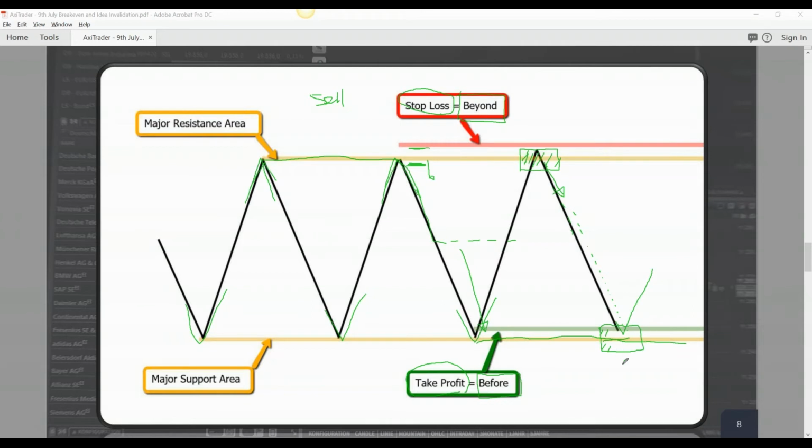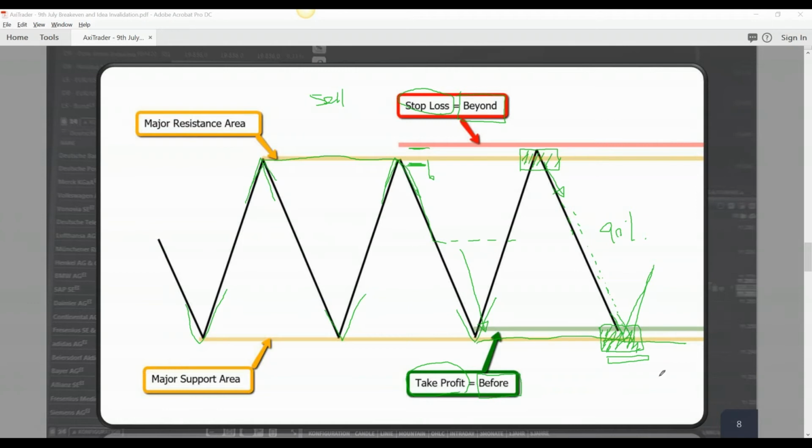So if you place your take profit slightly beyond, there's a high chance that when price comes down to here, it might have traveled 90% of the way towards your take profit, but because you chose to place it just slightly beyond this key area, price instead bounces up and your take profit is not reached.